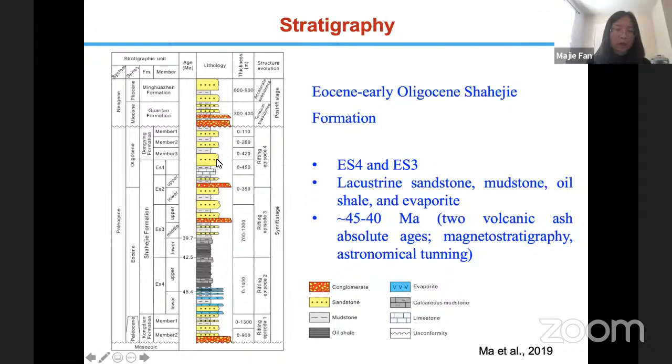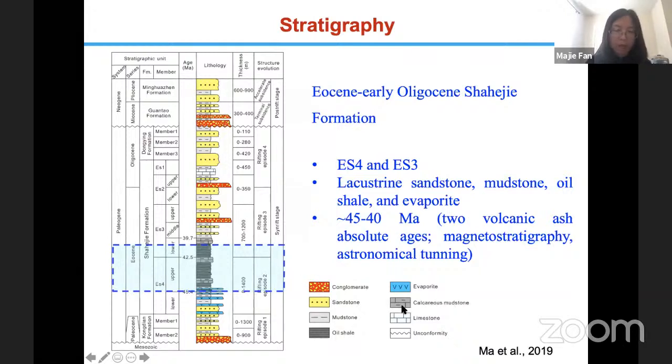Here I'm showing a simplified stratigraphic column for the Bohai Bay Basin. We're going to be looking into the Eocene and early Oligocene Shahejie formation, basically this part of the stratigraphic column. You can tell from the lithology legends that the deposits here are characterized by oil shale and some calcareous mudstone.